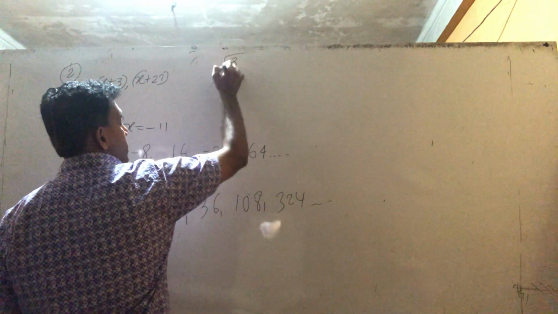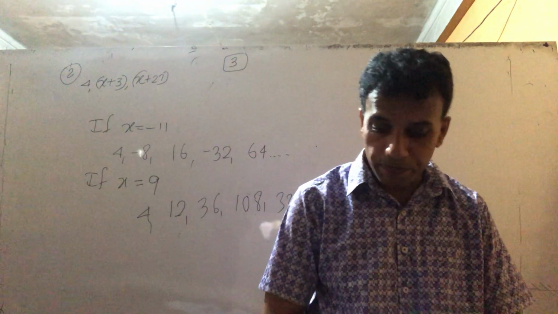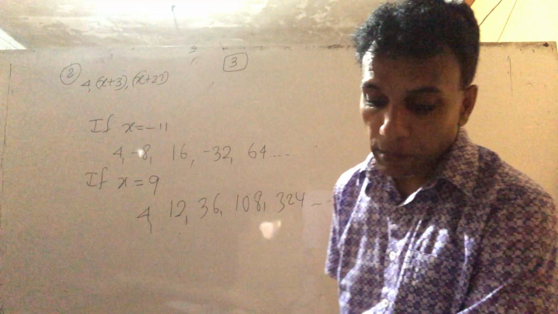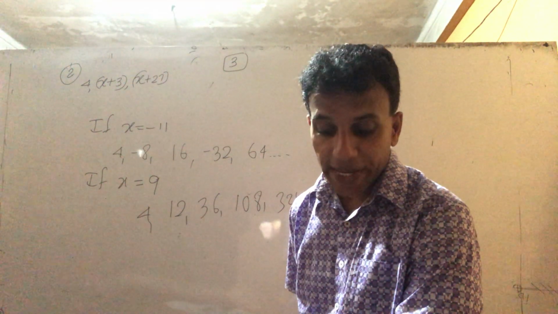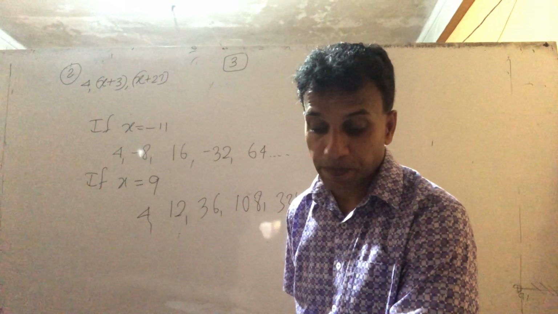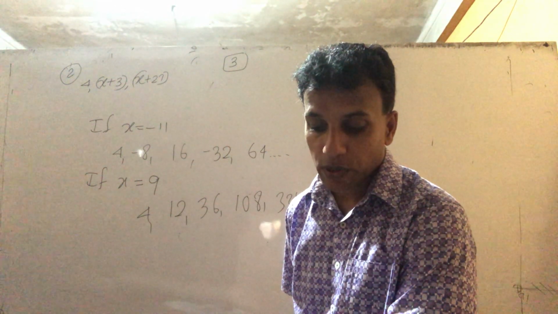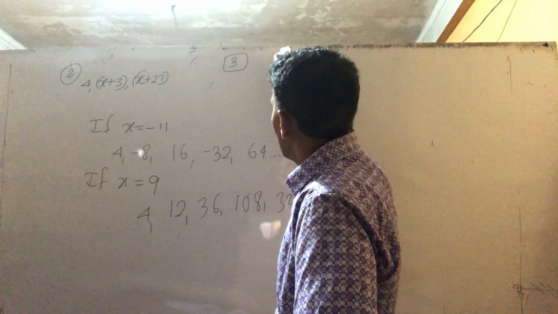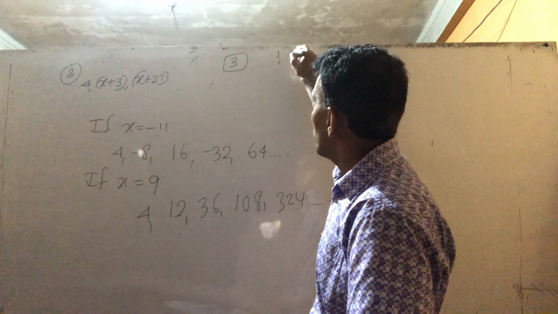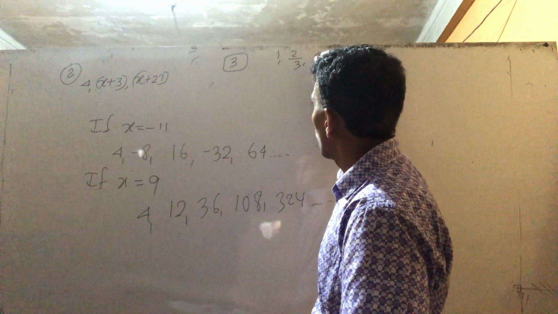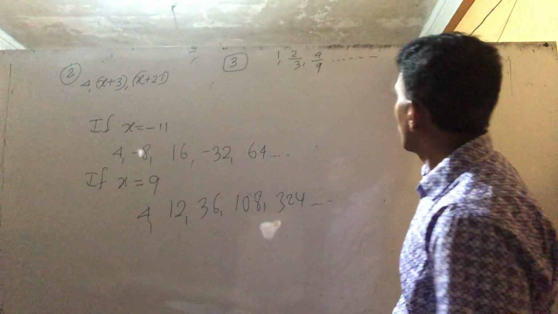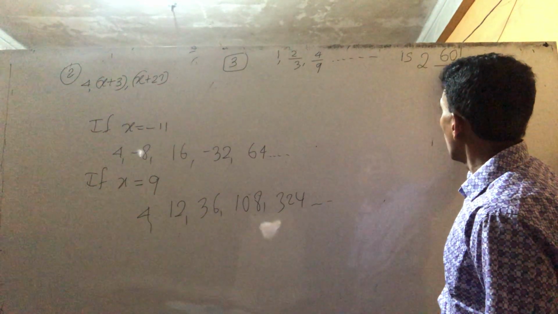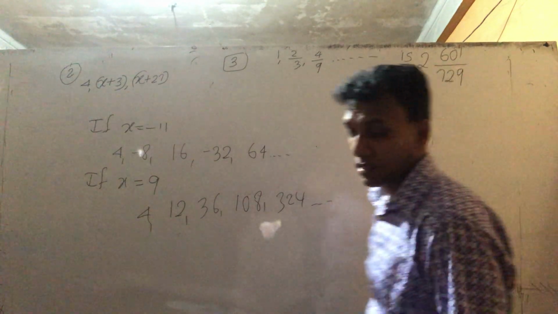Right, next question number 3. Find the number of terms to be taken so that the sum of the GP 1, 2/3, 4/9 and so on is 2 and 601 over 729.